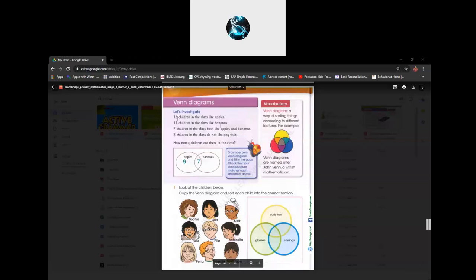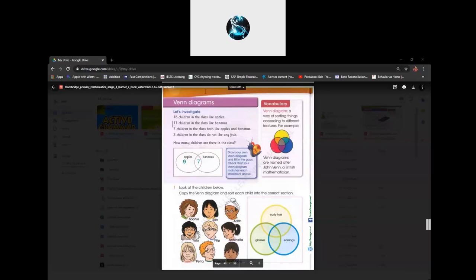And for 16 children, you have 9, and then 9 and 4 is 13, and then 7 plus 3, and that's 21. And so the answer should be 21. They already counted the 7 people in the 11 and the 16, because the 7 children aren't the ones that don't like anything. 3 children are, but the 7 children like both apples and bananas, so they counted them in here.